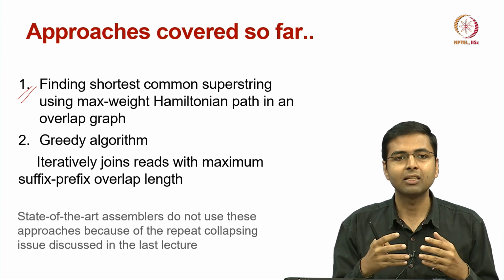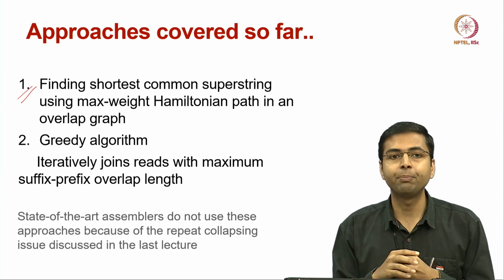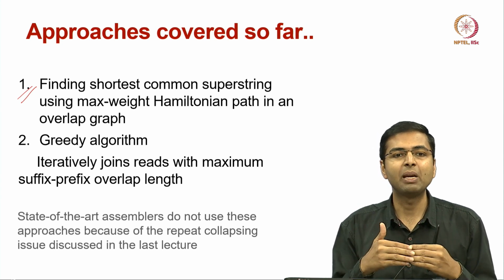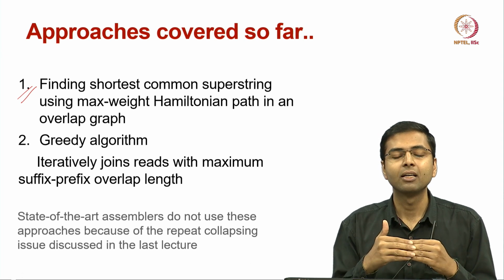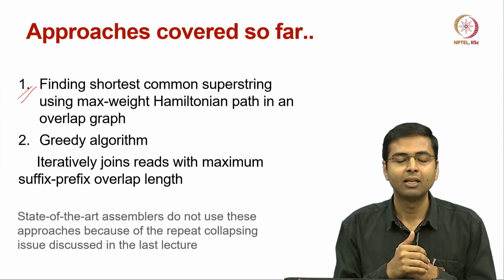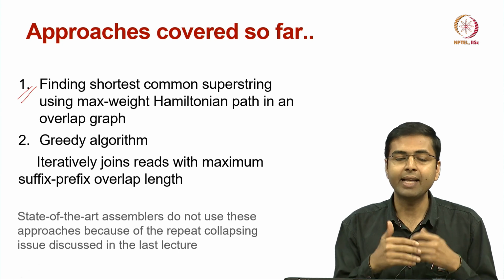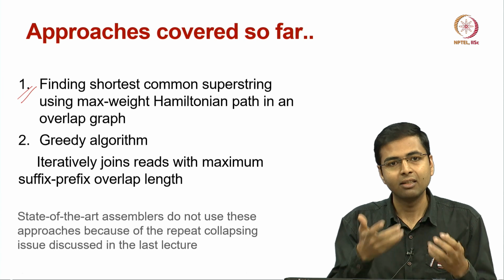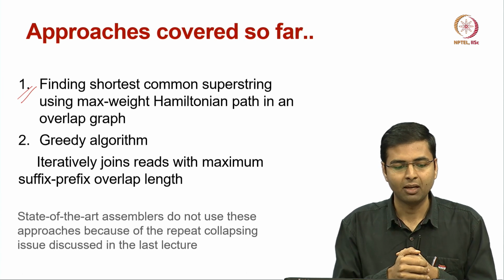Now both of these approaches follow a parsimony principle, that is, they are based on the principle that maybe the shortest string that is compatible with the reads should be the genome sequence. In other words, the simplest sequence which is compatible with the reads.